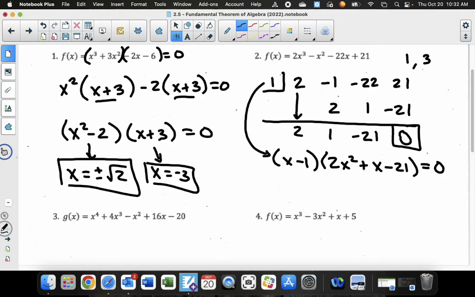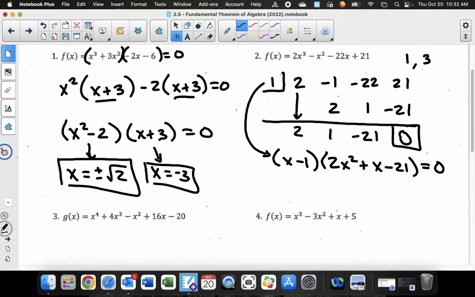The goal always, by the way, is to get to a quadratic factor, because now, how can I solve this quadratic factor? What do you always do with quadratics? One of two things. Factor it or quadratic formula. That's why we want to get down to a quadratic, because we have methods to solve already. We don't always have methods with cubics or quartics or things like that. You want to get it to a quadratic.